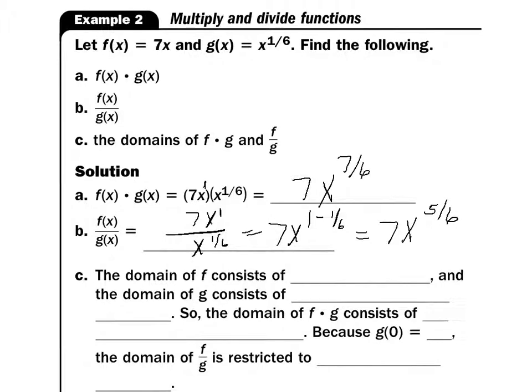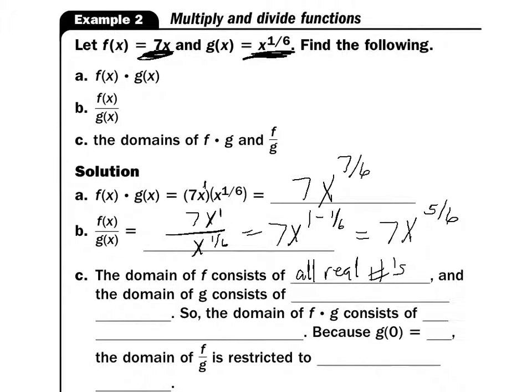Now, where are its domains? The domain of f is all real numbers. Because if you look up here, what's legal to put in for x there? Everything, positives, negatives, just not anything imaginary. Now, how about g of x?